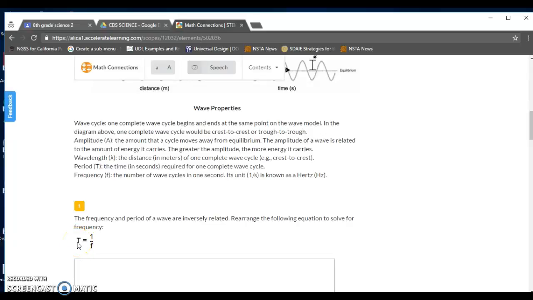So how would you basically get F equals, and then in this case it would be 1 over T. Wait, no, just T. F equals 1 over T, yeah. How would you set this up to get the F by itself, or F equals 1 over T?